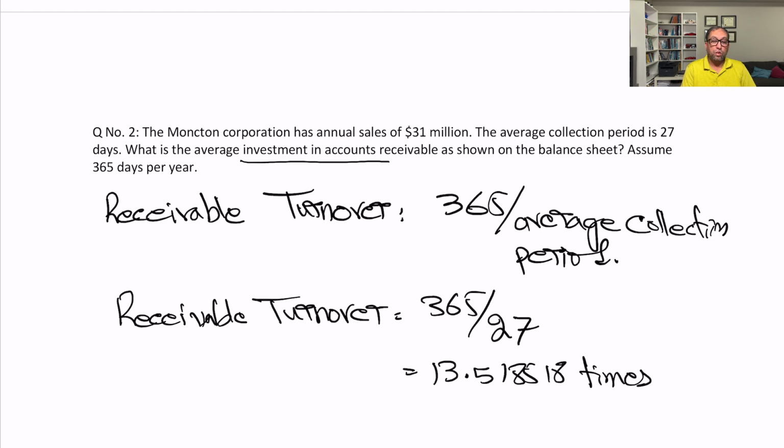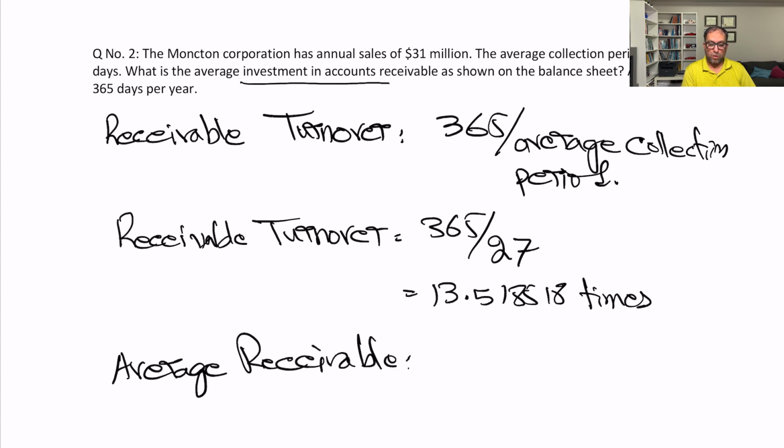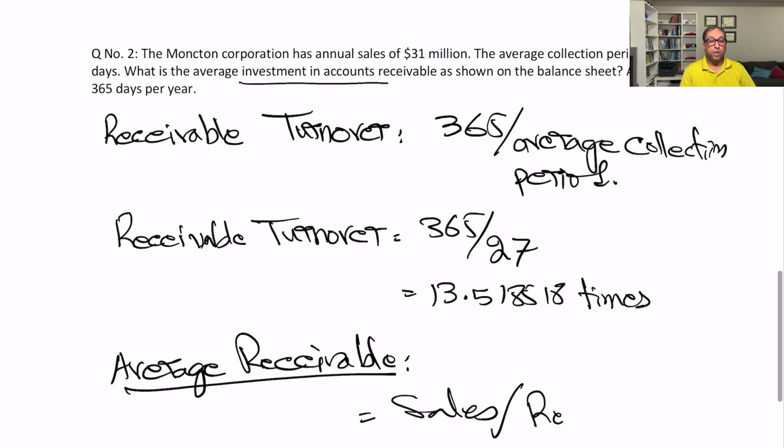Now the average receivable, or average investment in receivable, is sales divided by the receivable turnover.